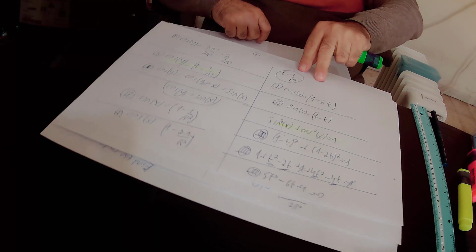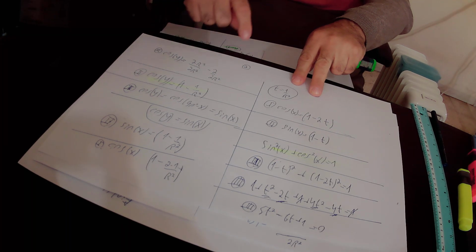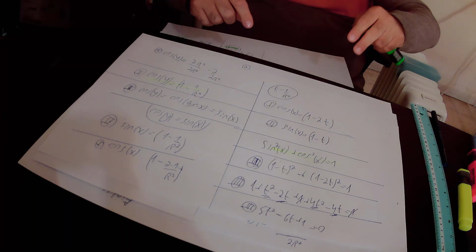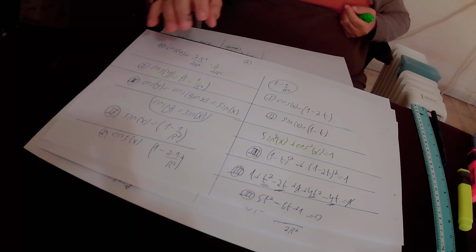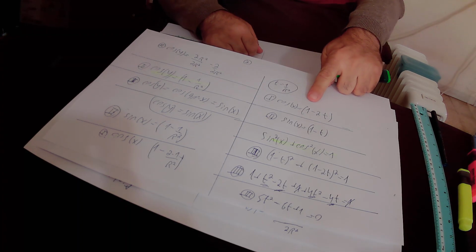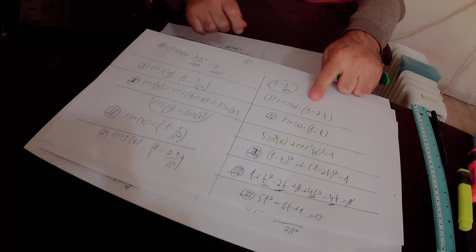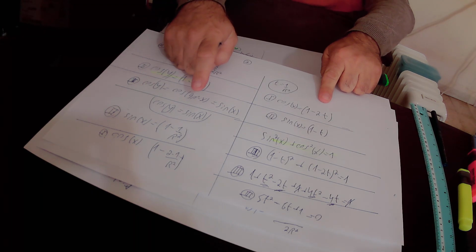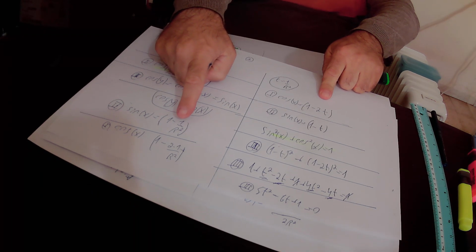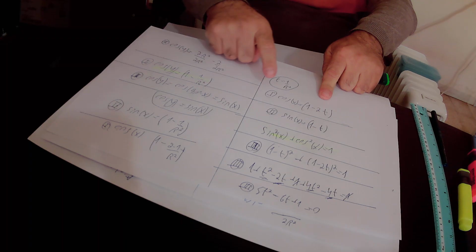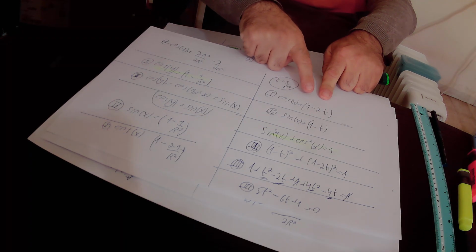Then we define 1 over r squared as t, and we substitute 1 over r squared in both equations by t. So in equation number 1, we have cosine x equals 1 minus 2 times 1 over r squared, and 1 over r squared is t, therefore cosine x equals 1 minus 2t.